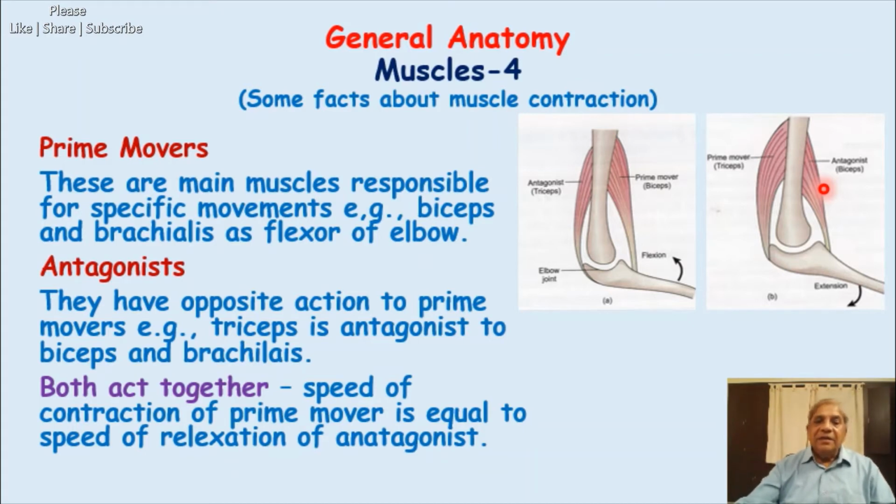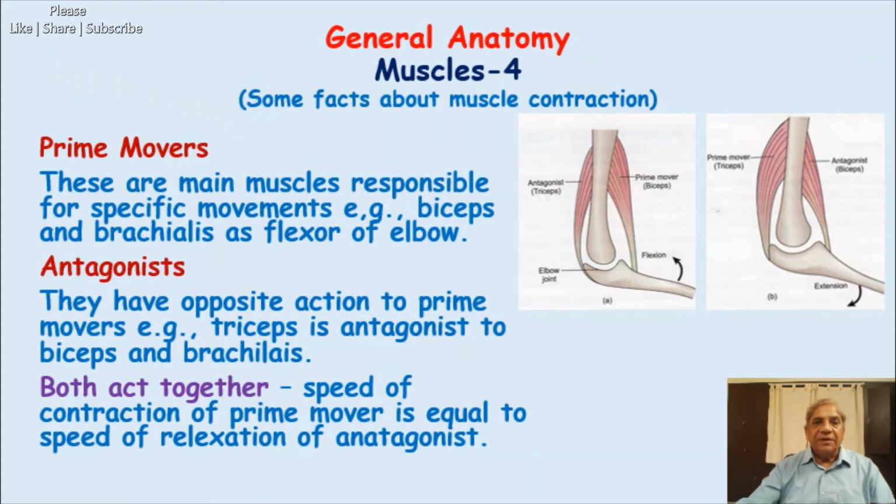Okay, and the speed of the relaxing of the antagonistic muscle is the same, I mean to say pace, or the same speed as the other muscle is contracting. I hope that you have understood that not only a single muscle is acting, here the opposite muscle is also acting.